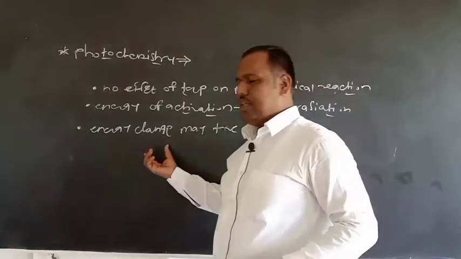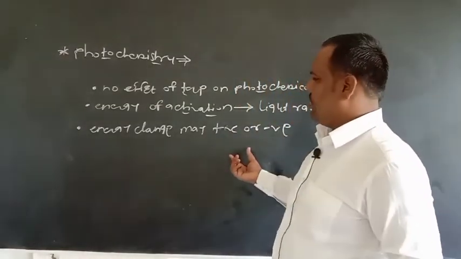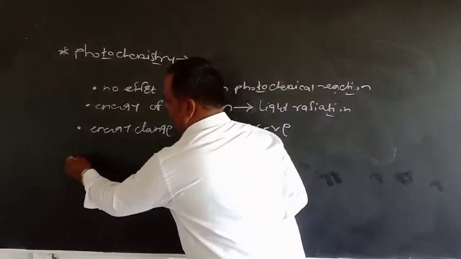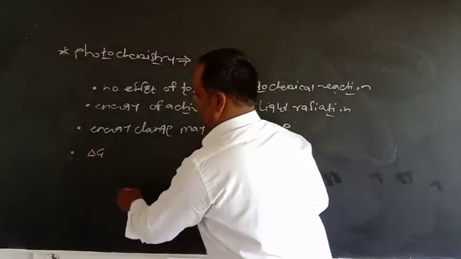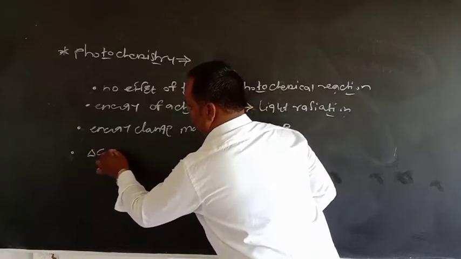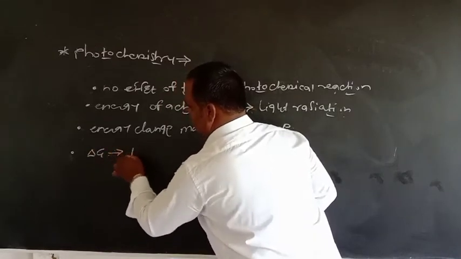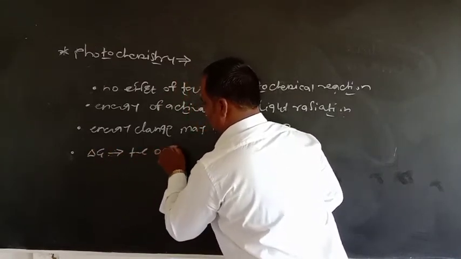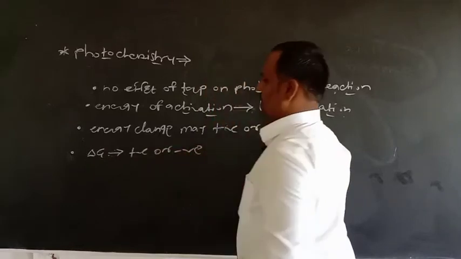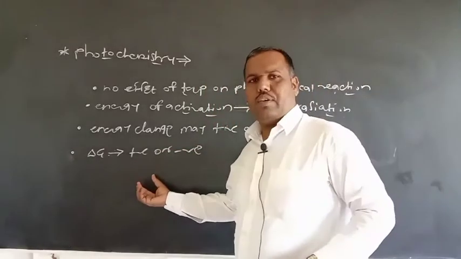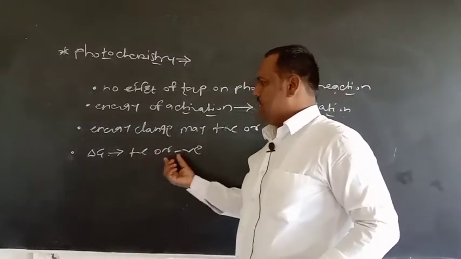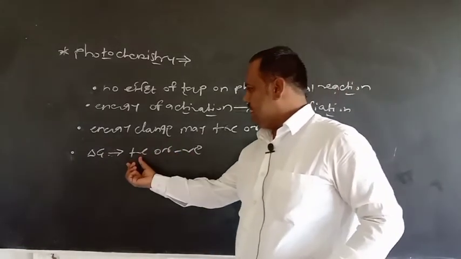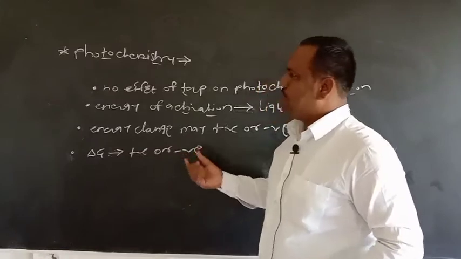In other words, we can say that the Gibbs free energy, delta G, may be positive or negative, either energy is gained or energy is evolved.